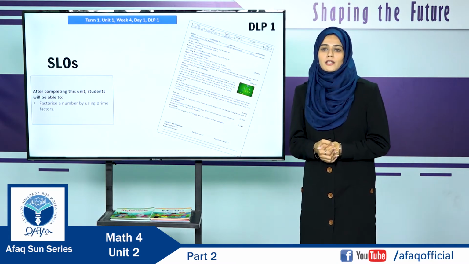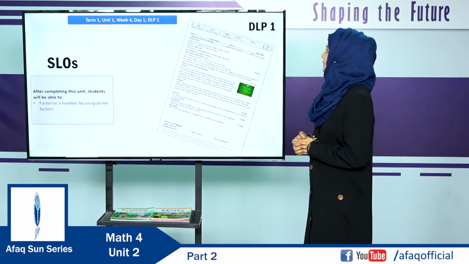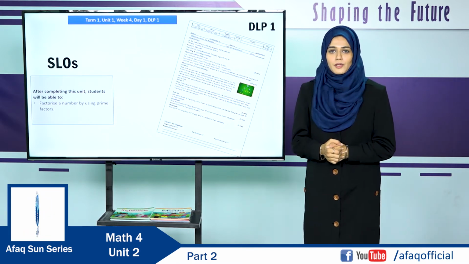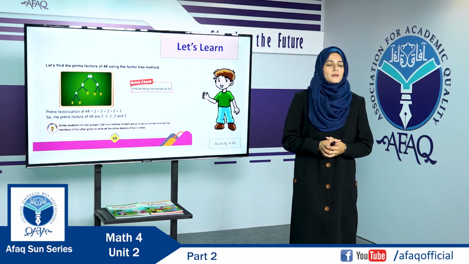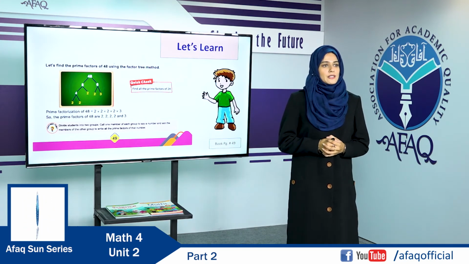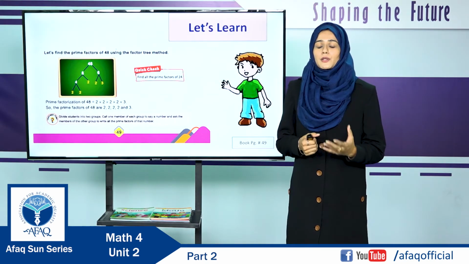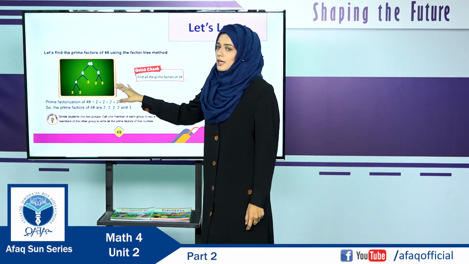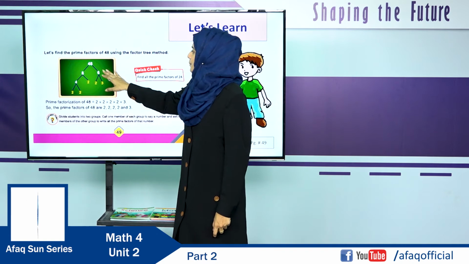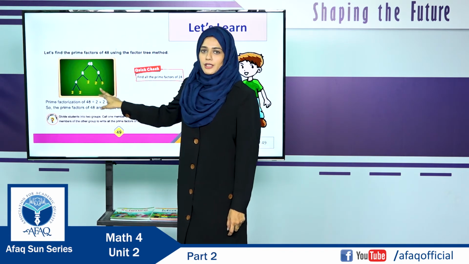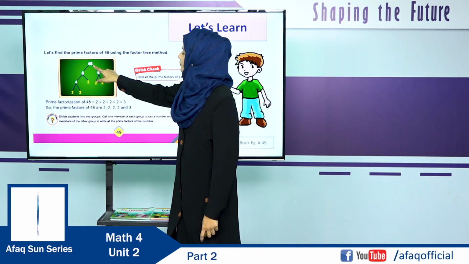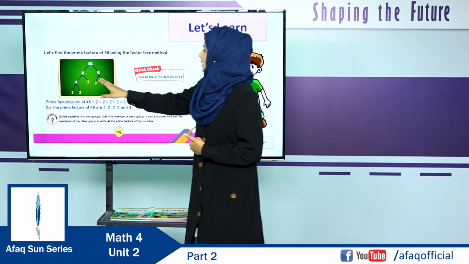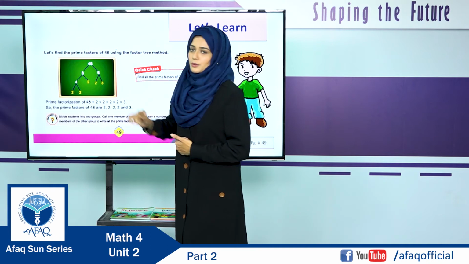To cover this, the methodology has been provided in DLP 1, which falls in term 1 unit 1 week 4 of day 1. On page number 49, we are going to discuss the prime factors by using the tree method. You can see from this picture, we are going to find the prime factors of 48 by using the tree method. Here is written 48. Now you have to divide it into 2 factors. 8 times 6 is equal to 48.